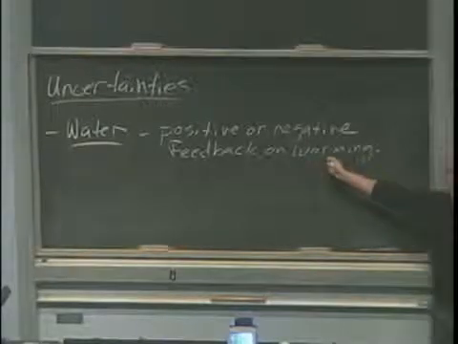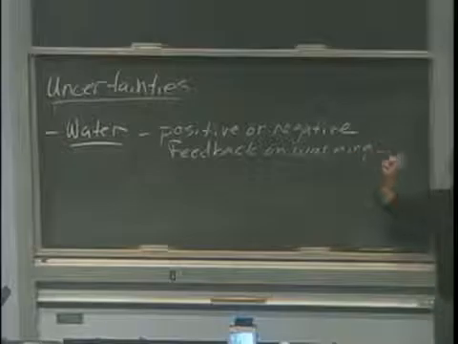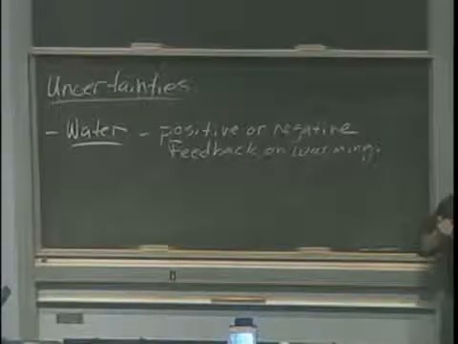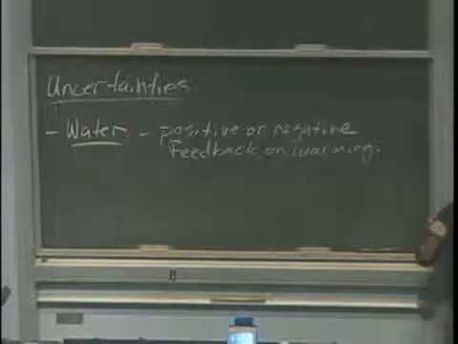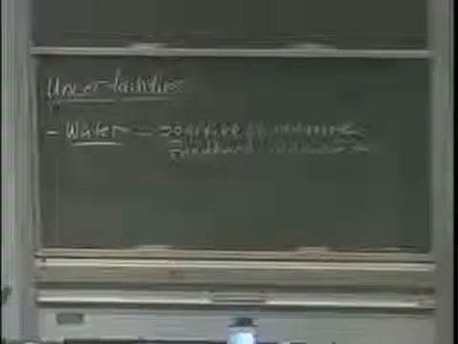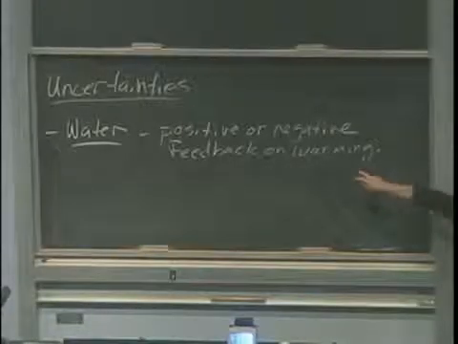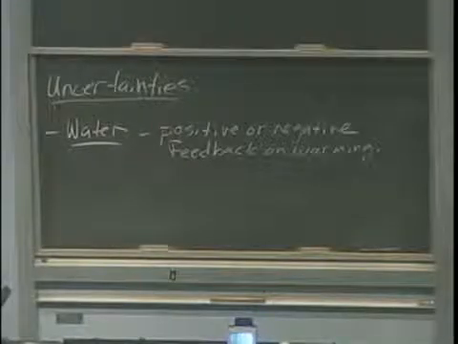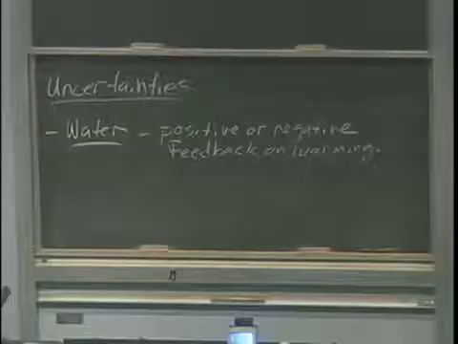So, what I mean by positive feedback: positive feedback means that as the Earth warms up, the water vapor will keep it increasing in temperature so that it doesn't actually limit the amount that it heats up. Negative feedback means as the Earth heats up, the water somehow will affect the temperatures and try to drive them back down. So that's a negative feedback effect.